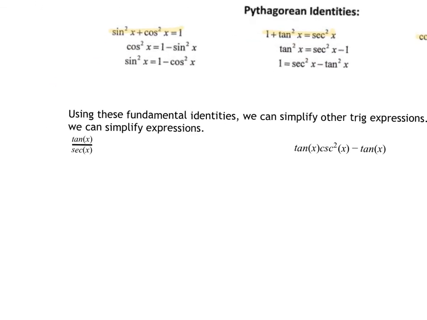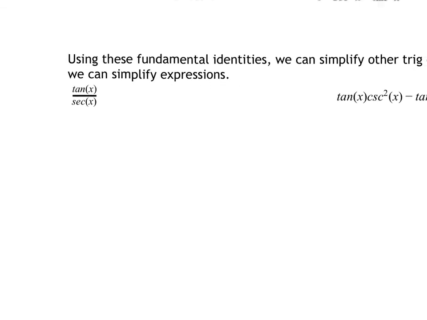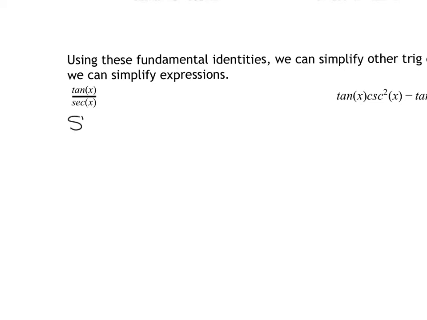So our first example we want to look at is the expression tangent of x over secant of x. Well, we're going to use our ratio and reciprocal identities to simplify this. So we start with tangent of x. I know I can rewrite that as sine of x over cosine of x. And then in our denominator, secant of x can be written as 1 over cosine of x.